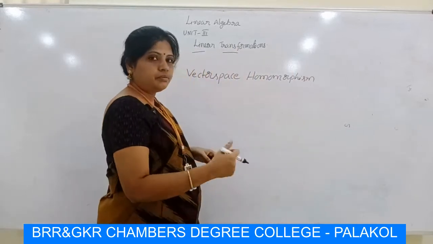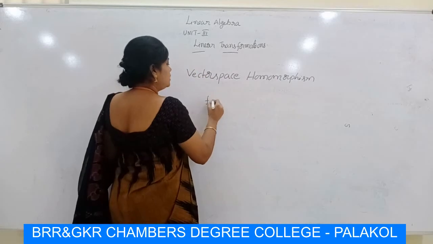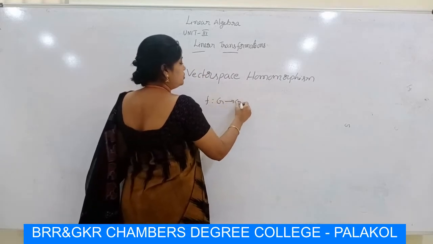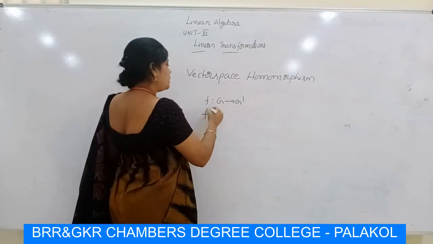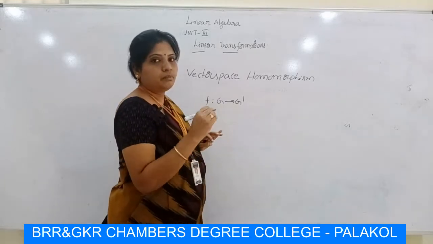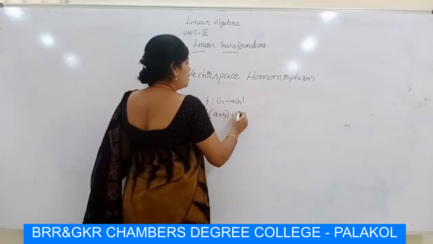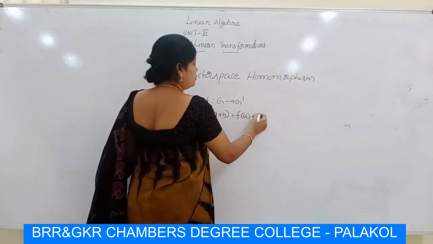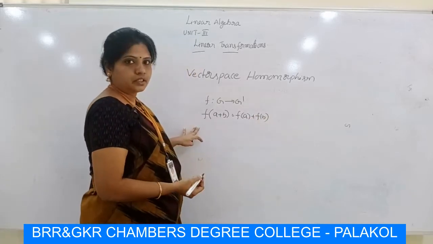The homomorphism in group theory is in the third semester. It is defined as f from G to G'. Here we have only one condition, because we define only one binary operation. So f(a + b) = f(a) + f(b). That is the homomorphism condition.